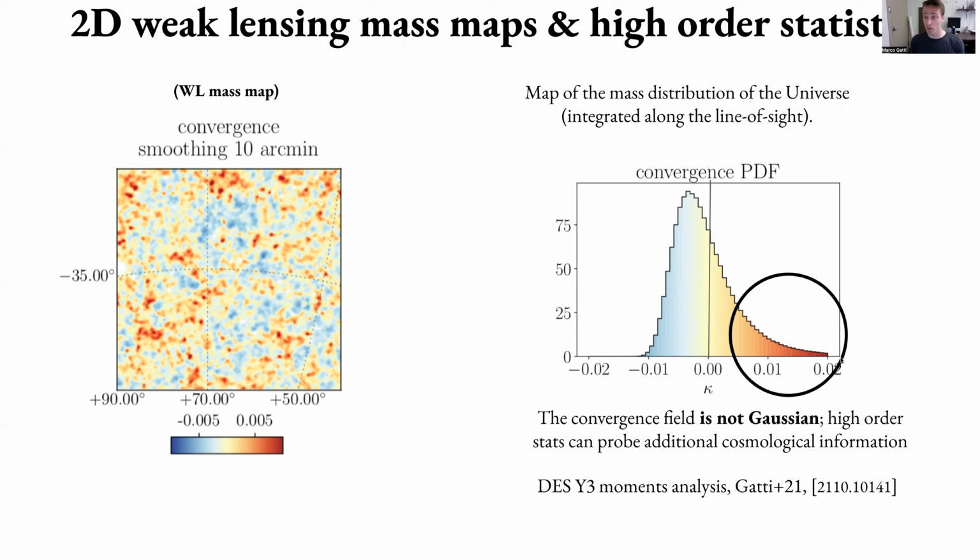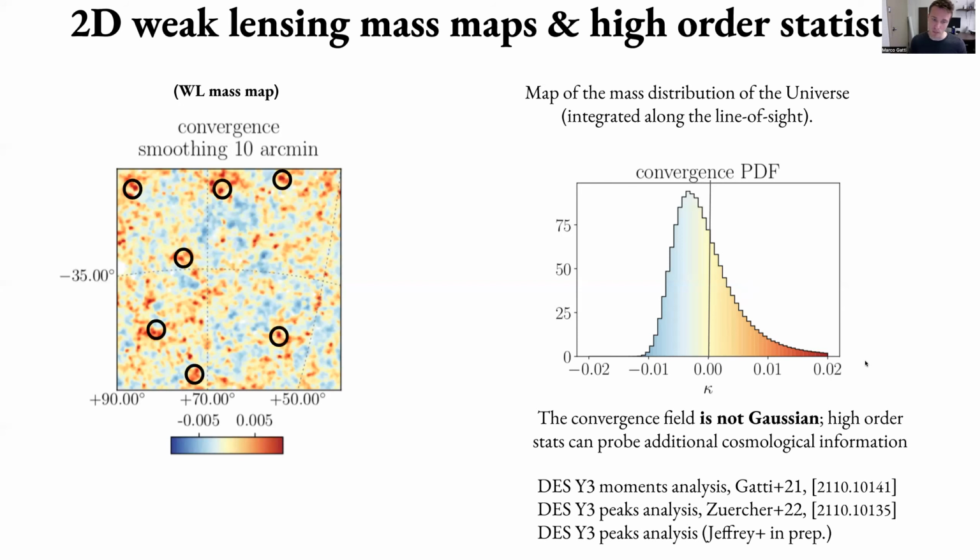So in Year 3, we did a bunch of analyses using non-Gaussian statistics trying to infer cosmology. The first analysis, which I led, is the moments analysis, where I use second and third moments of the weak lensing mass maps. And the third moments are a proxy of the skewness of the field, so this long positive tail. The other analyses, one has been published by Dominic Zürcher, the other one by Niall Jeffrey is in the making.